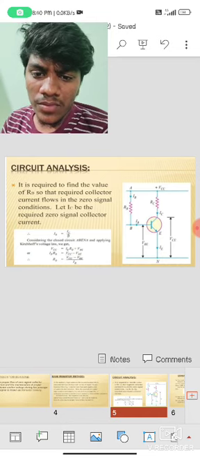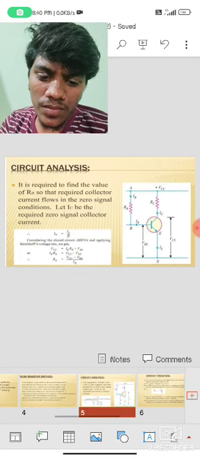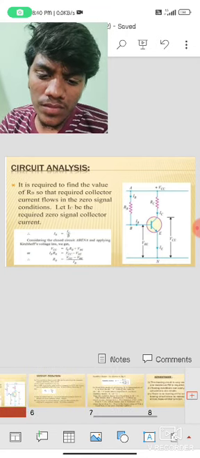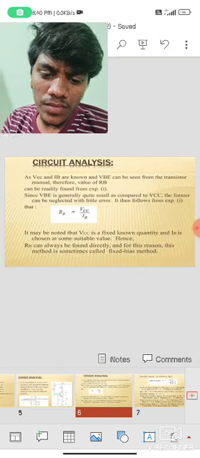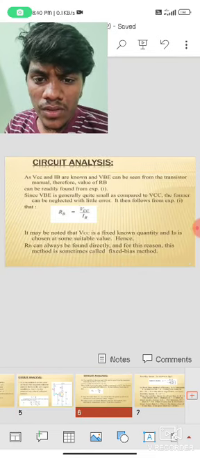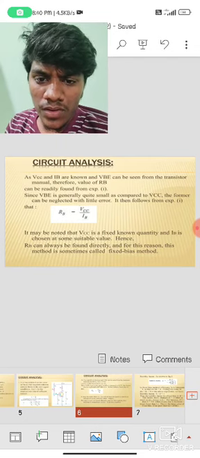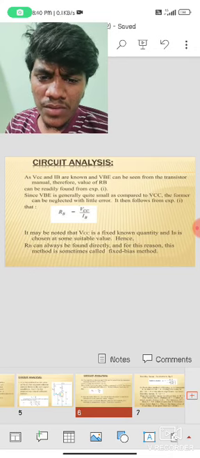Let IC be the required zero signal collector current. As VCC and IB are known, and VBE can be seen from the transistor manual, the value of RB can be readily found.